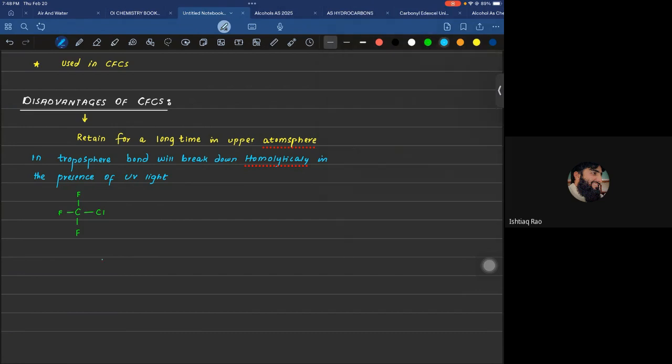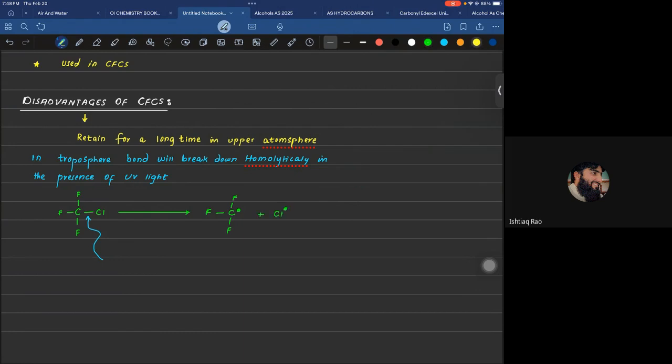When the UV light strikes on this bond, it's going to break down homolytically in this manner, producing chlorine radical.